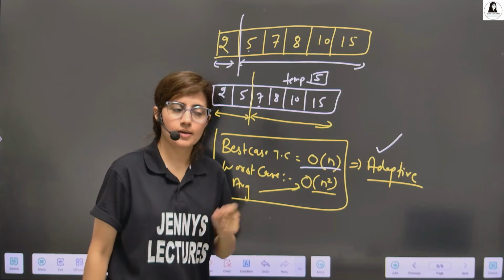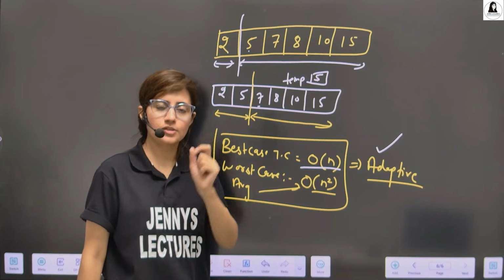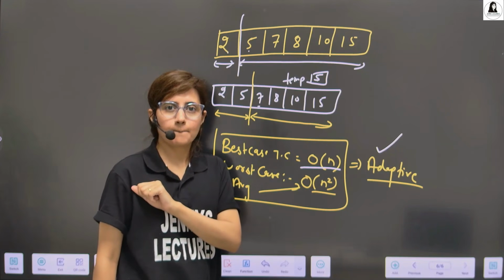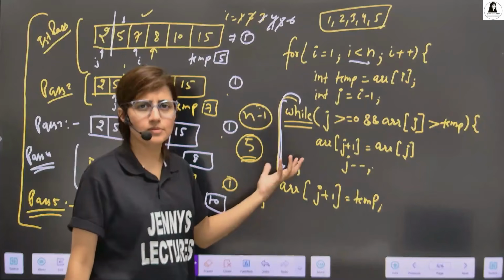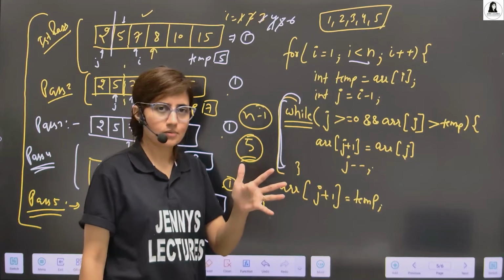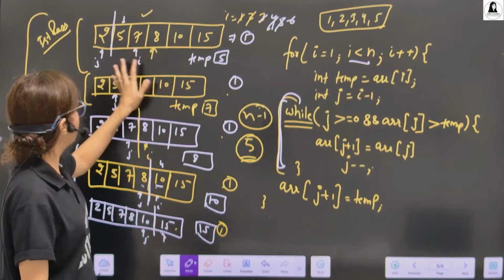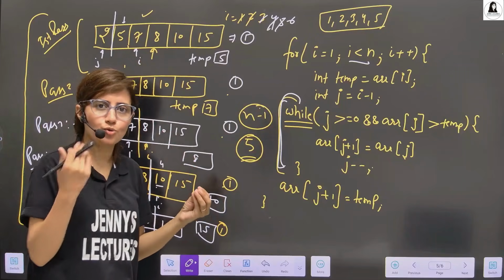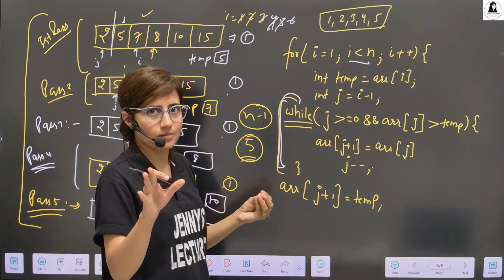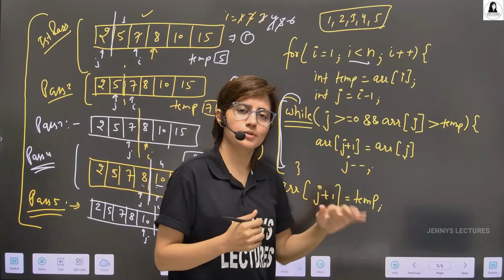Yes, it's stable. Yes, it's in place. Space complexity is 1. In the best case, the number of swaps, if anybody asks, is zero. We haven't swapped even a single time because it was already sorted. Number of comparisons is n minus 1, but swaps are 0.